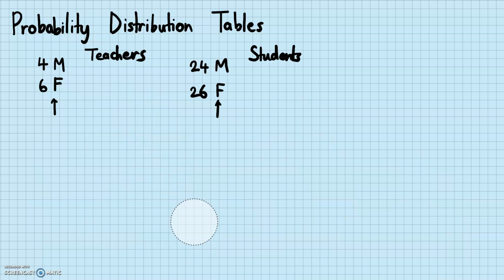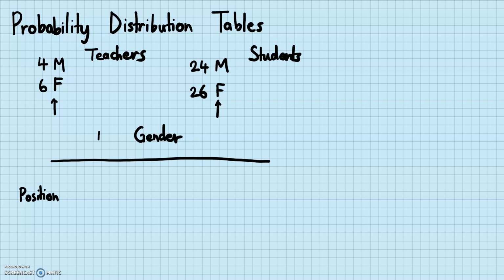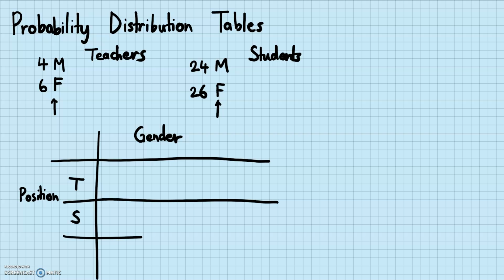Okay, so let's start with the frequency distribution table. Remember, we had the gender on one side and then the position on the other side. I'm just going to use T and S for teachers and students. Put them closer together.